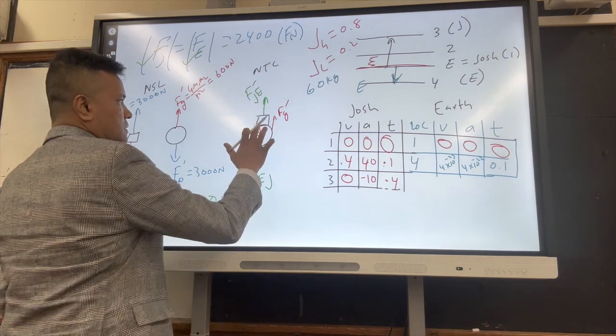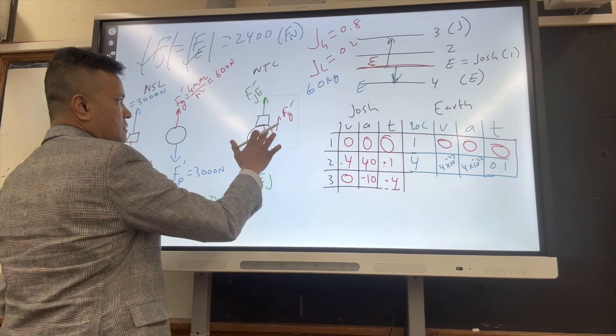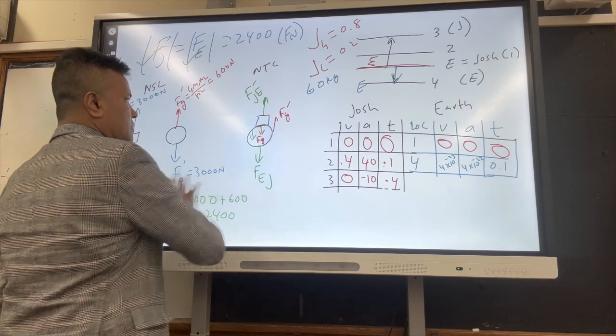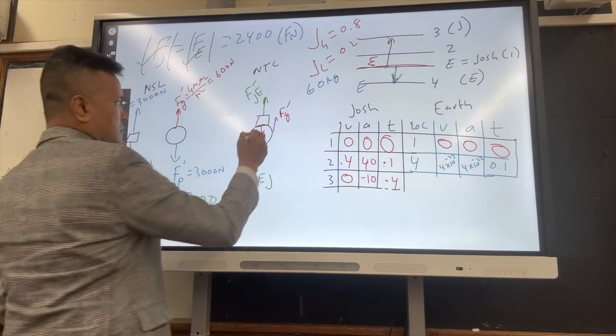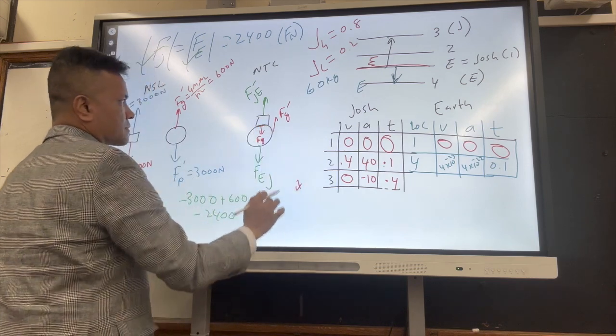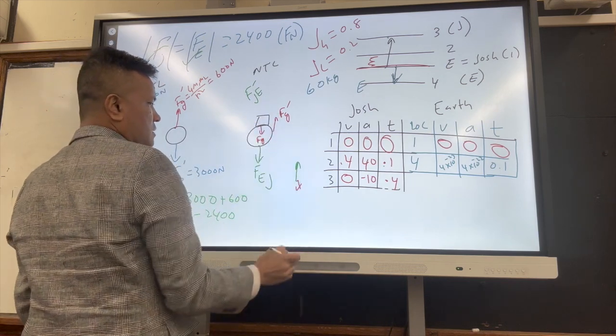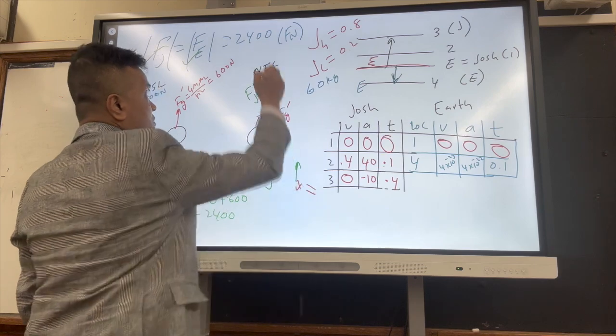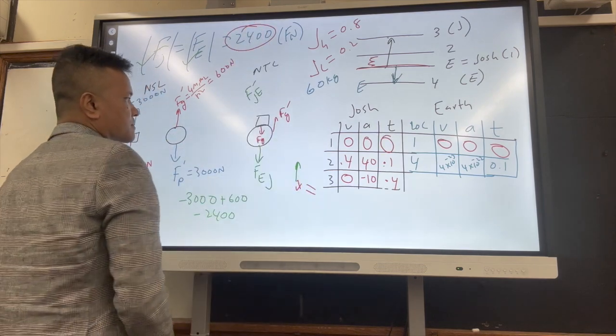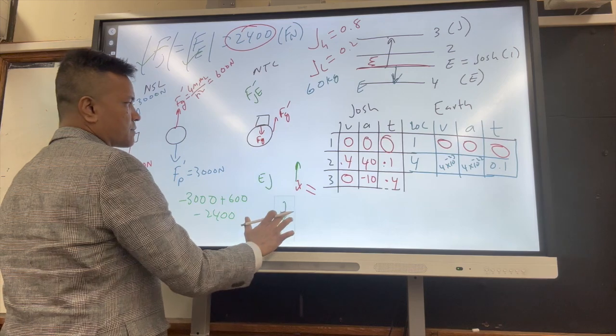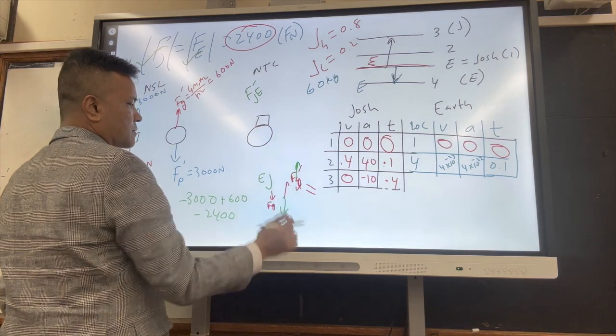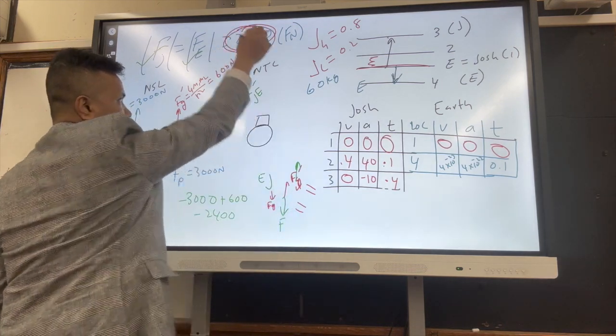Now this one plus this one is 2400. This one plus this one is negative 2400.